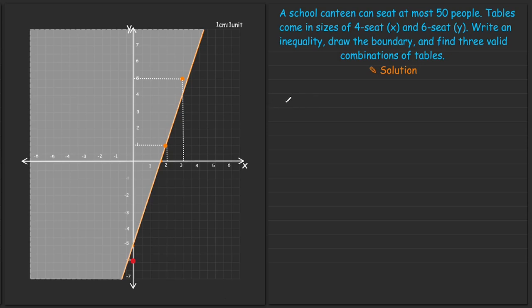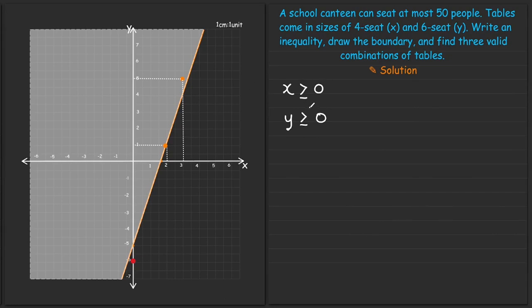We can say X should always be greater than or equal to 0. And then the same applies for Y. So for Y as well, Y should always be greater than or equal to 0. The X is for the 4-seater tables, and the Y is for the 6-seater tables.